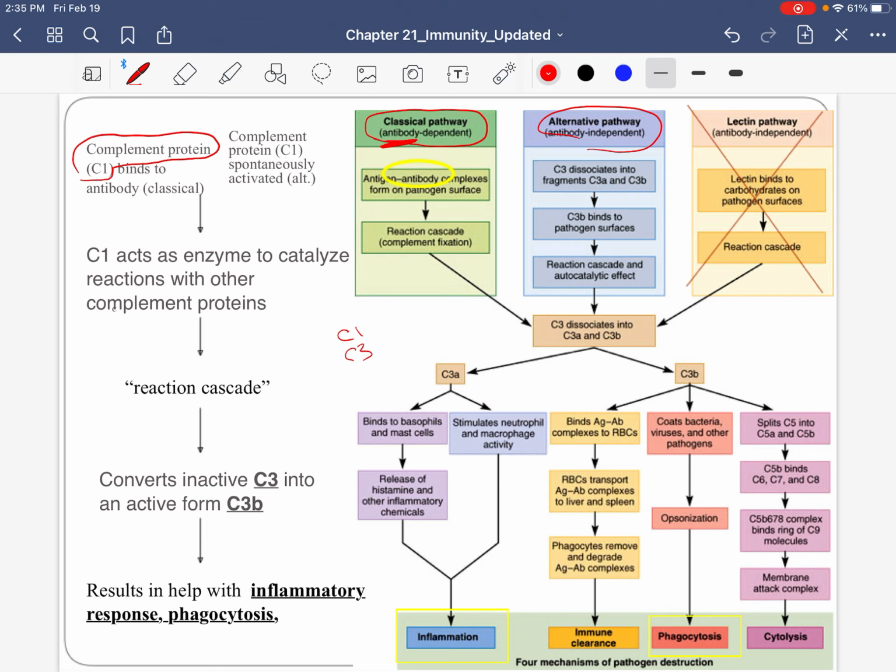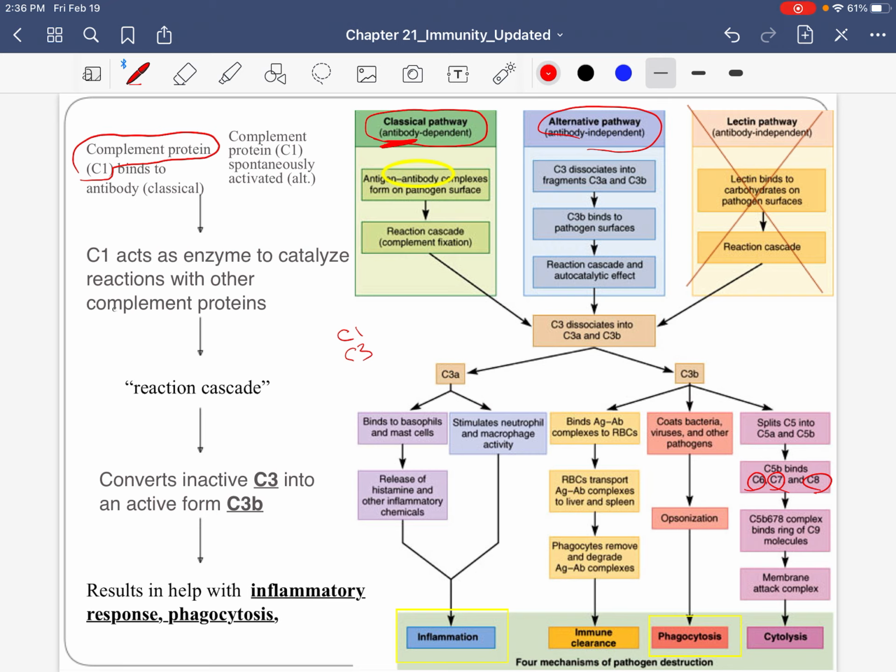So this system involves these specialized complement proteins, of which there are many. I'm only giving you an example of some of them. Look down here, complement protein 6, 7, 8. We have a bunch of complement proteins.